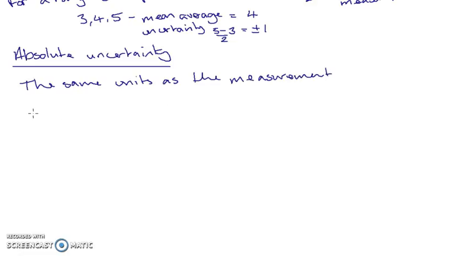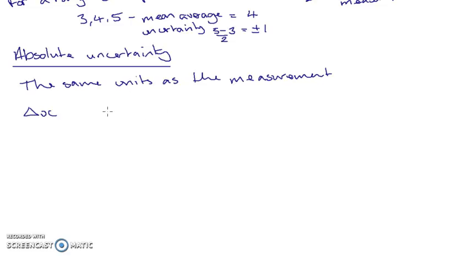The symbol that we're going to use for an absolute uncertainty is delta, so change in. It could be x, could be y, could be r for resistance, or n for newtons, could be anything. So that delta, that's our change in, that's our uncertainty.